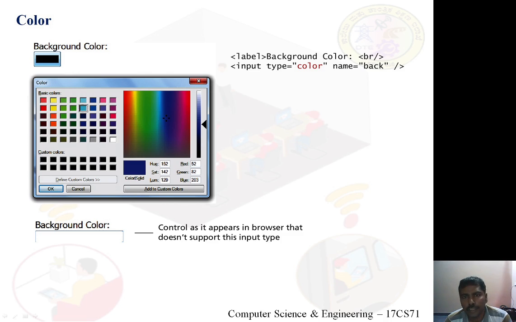As you can see in this example, I have used the input tag to create one color element and named it back. What happens is this GUI, this window with color fields, will be displayed.